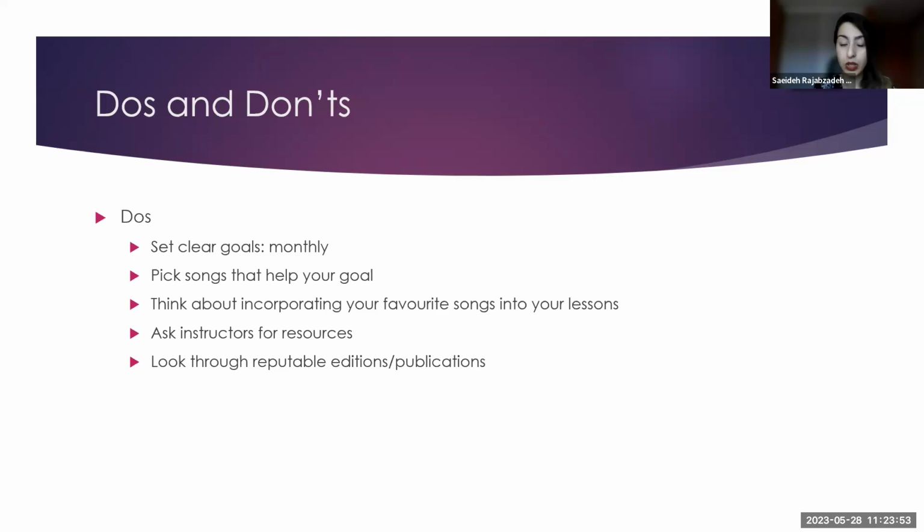Ask instructors for resources and help. And finally, look through reputable editions or publications. Sometimes we may know for more well-known music, like for Schubert, these editions are the most reputable or the ones that people use most often. But when it comes to maybe singing songs from local composers, living composers, composers from different countries and cultures, this might not be such an easy thing.